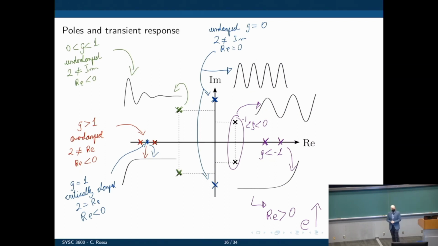Any questions? All good? All clear? Has anybody heard of underdamped, overdamped system in electrical circuits before?